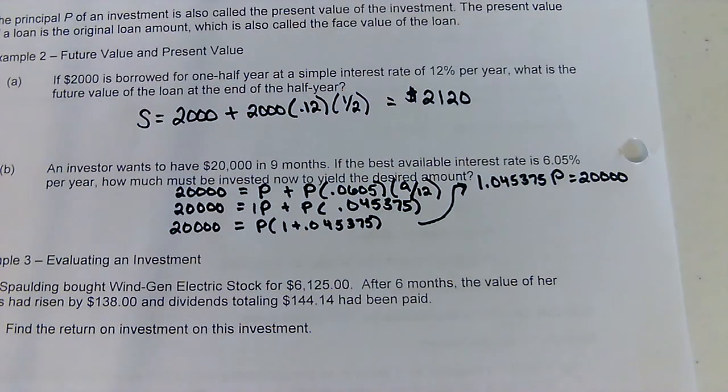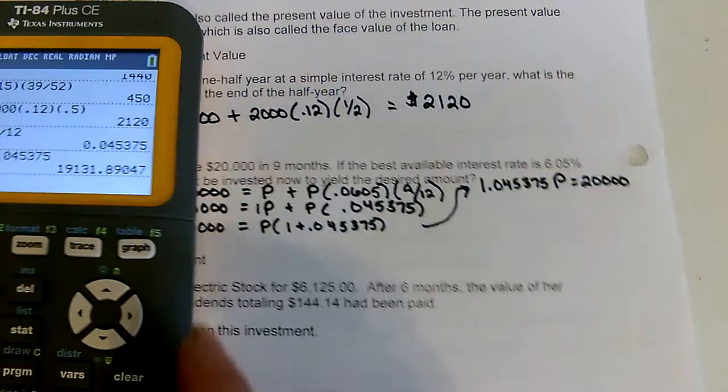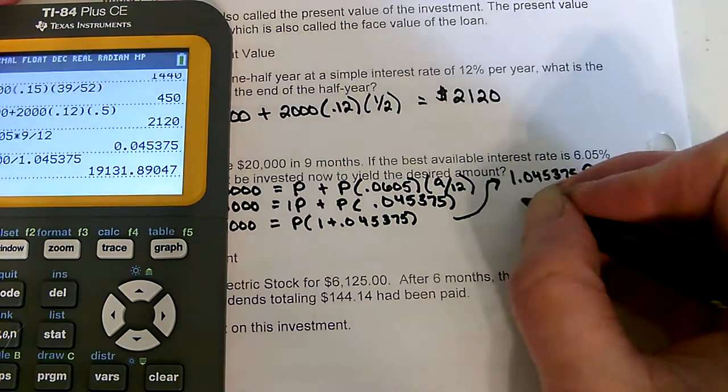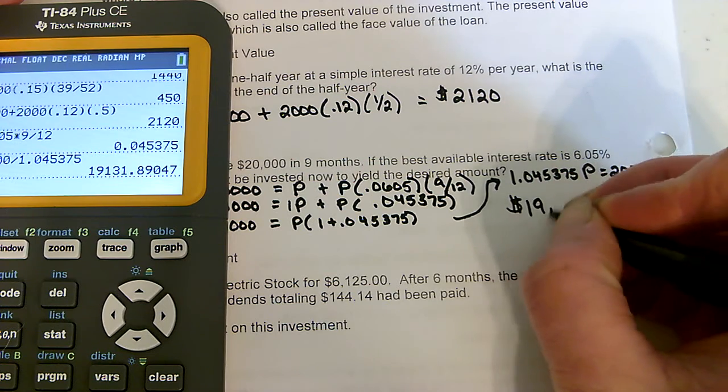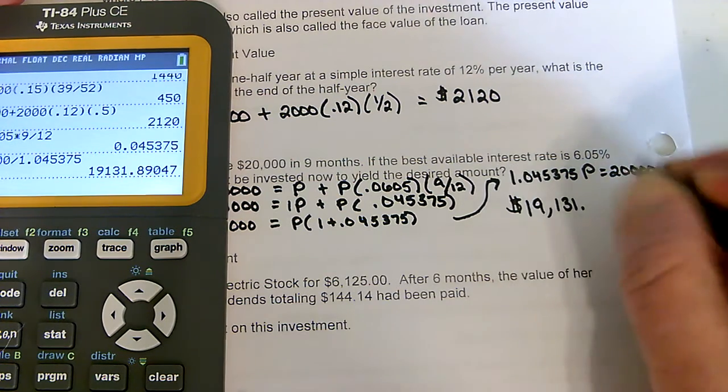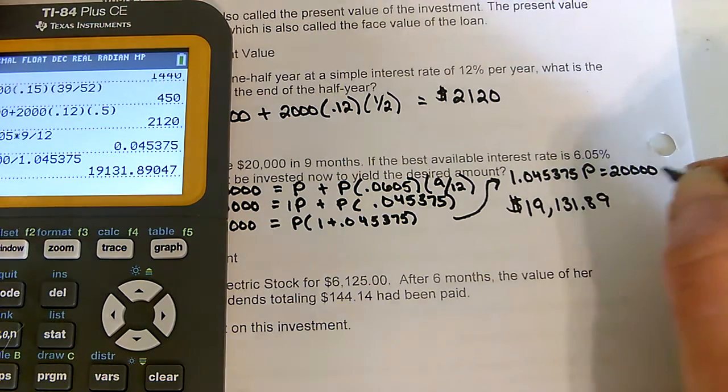So I divide 20,000 by 1.045375, and I got $19,131.89.